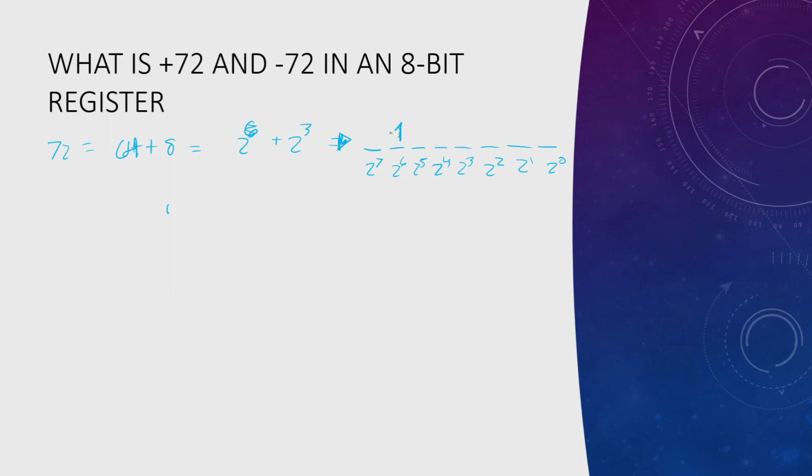A 1 at the 2 to the 6th place, and a 1 at 2 to the 3rd. Everything else is 0. And this value right here is plus 72.